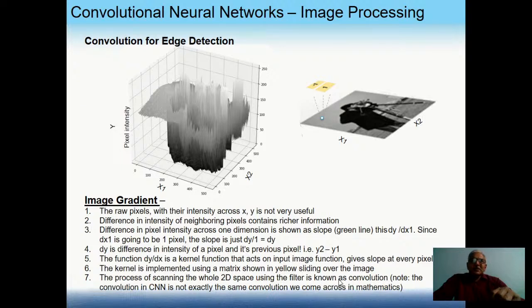So I repeat this animation. As this function scans the original function vertically, that's what we see happening here. Since the pixel intensities in these regions are almost the same, the difference in pixel intensity will be very close to zero. It may not be exactly zero, but very close to zero.